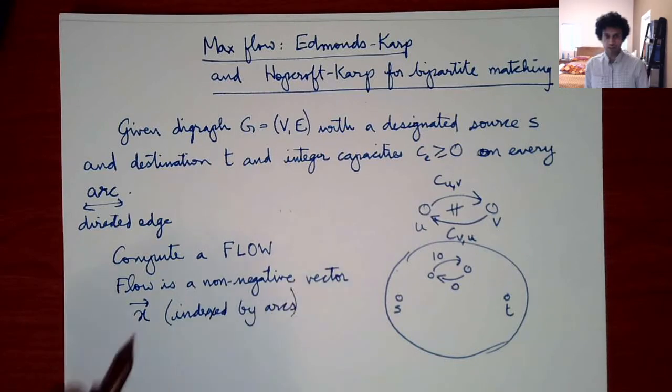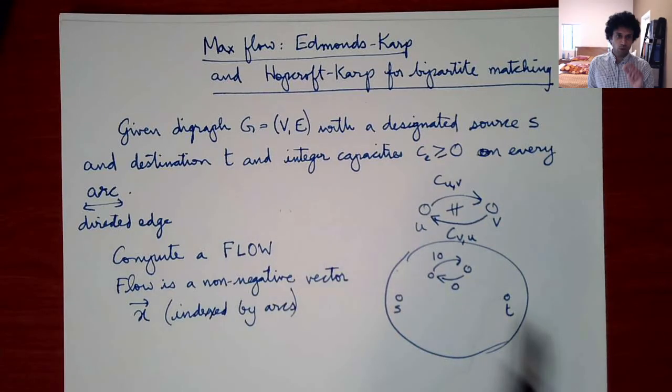So this vector just says how much flow is going in every arc. That's what x means, and that's what we have to compute. So you have to compute the flow going over every edge, satisfying certain constraints.